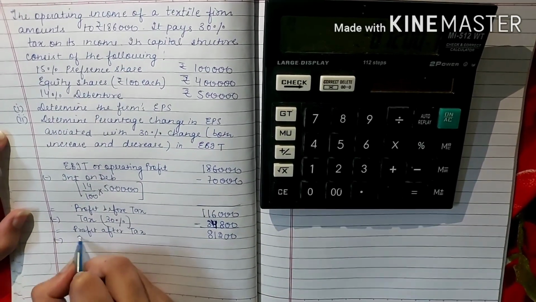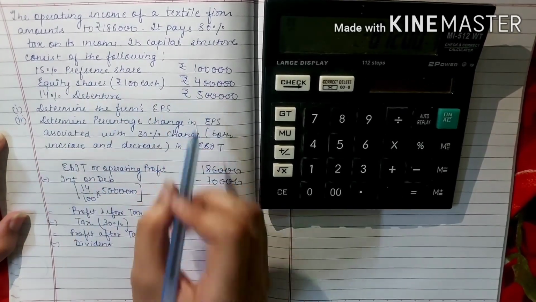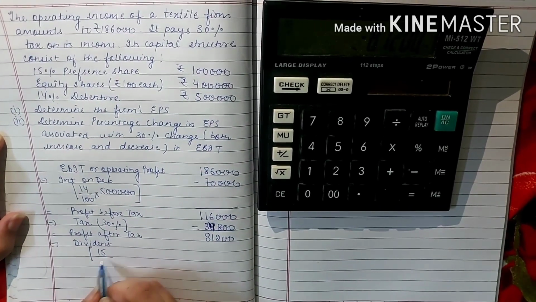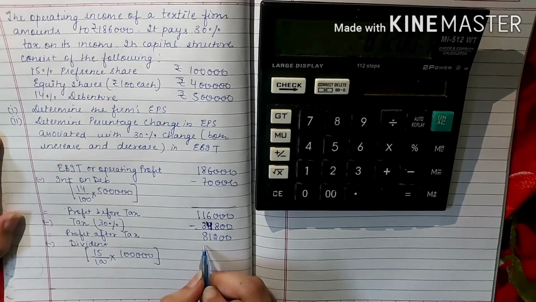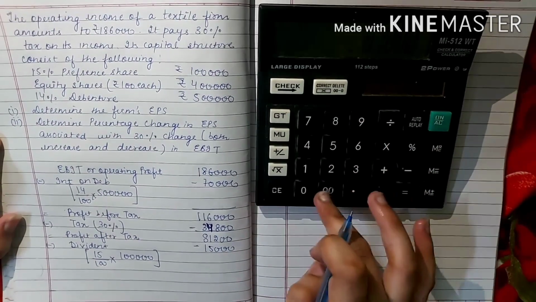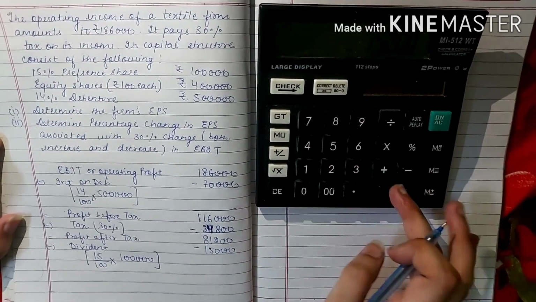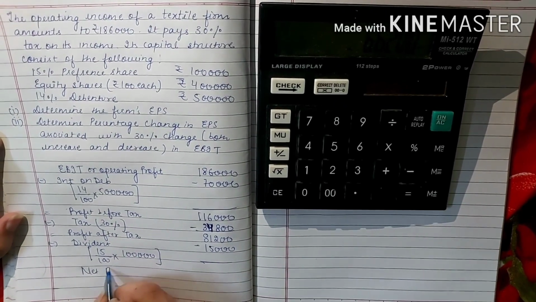Now you have to deduct dividend from it, that is 15% of 1 lakh, 15,000. So 81,200 minus 15,000. So your net profit is 66,200.